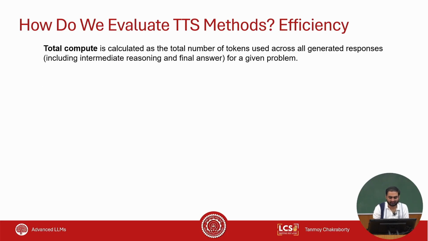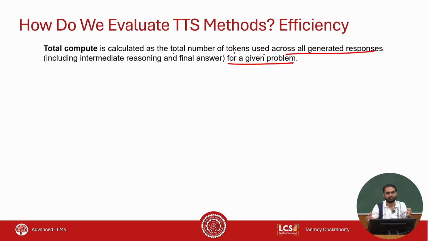Okay, the third one is efficiency. In efficiency, you look at total compute, which is basically the total number of tokens used across all generated responses for a given problem. As I mentioned, let's say you have a majority voting kind of approach and a budget forcing kind of approach. In majority voting, multiple parallel traces are generated. You see the total number of tokens generated by all the traces.